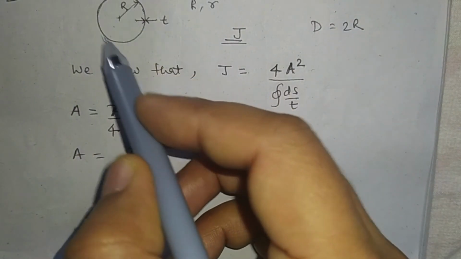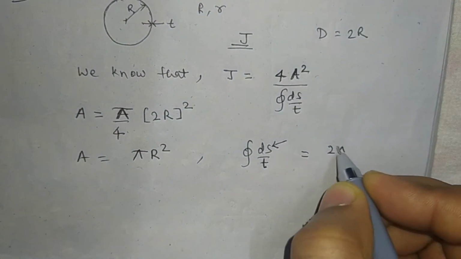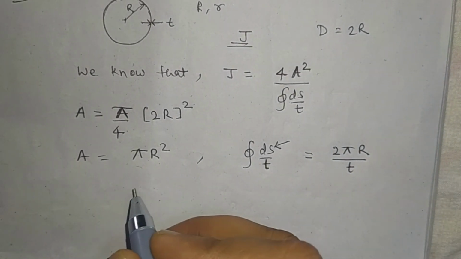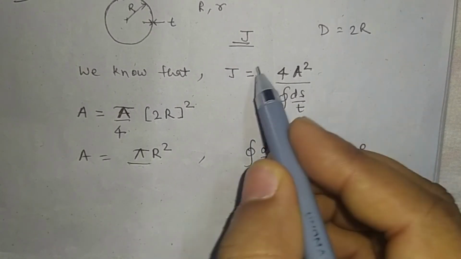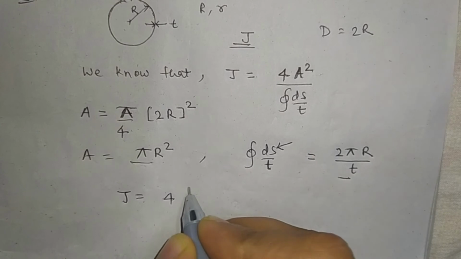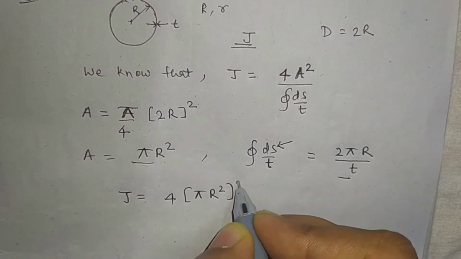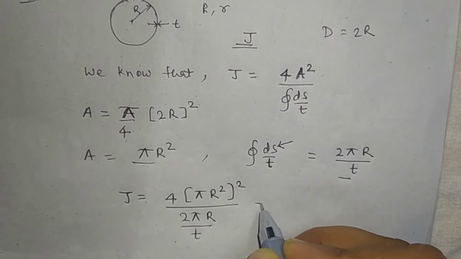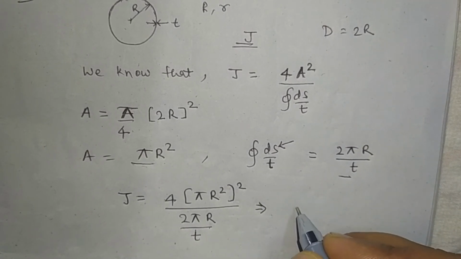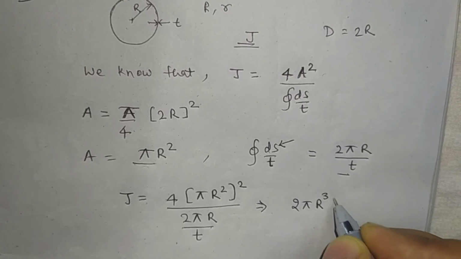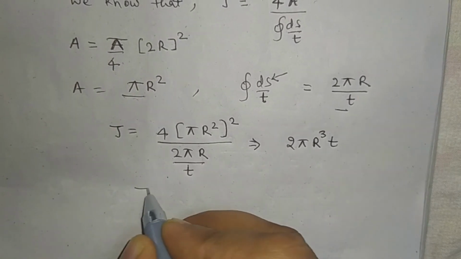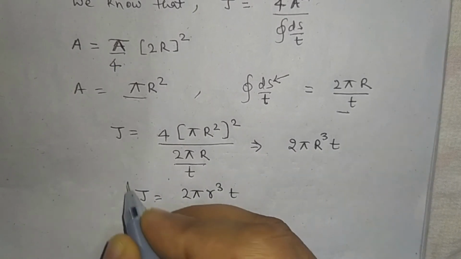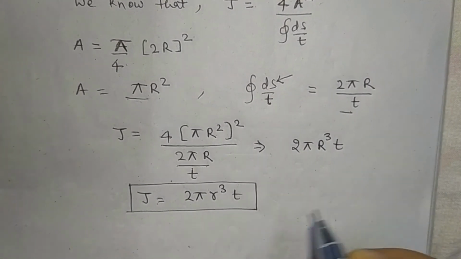The perimeter of a circle is 2 pi r, and this is the thickness T. Putting these values into the equation, J equals 4 pi r square whole square divided by 2 pi r T. By solving this, we get 2 pi r cube T. So the torsional constant for this section is 2 pi r cube T. This is the answer.